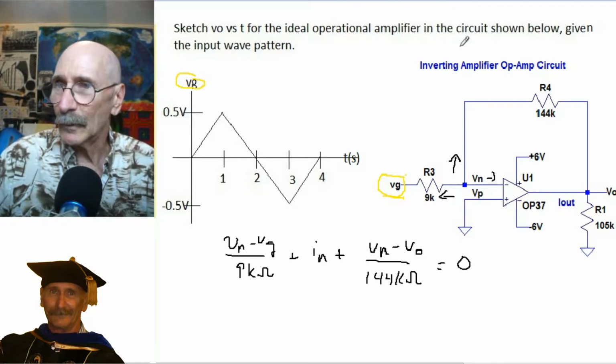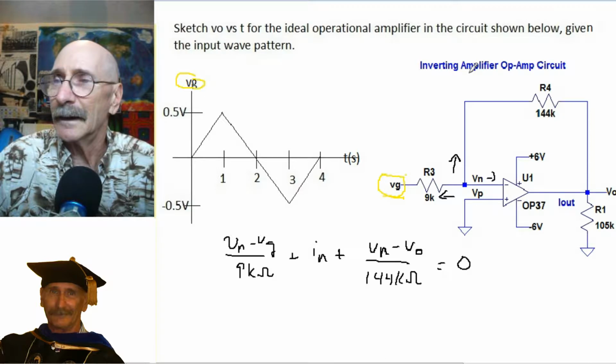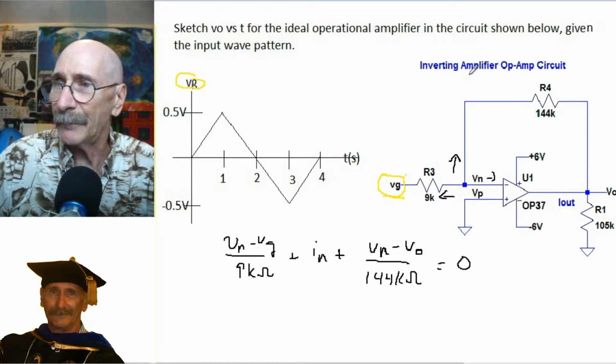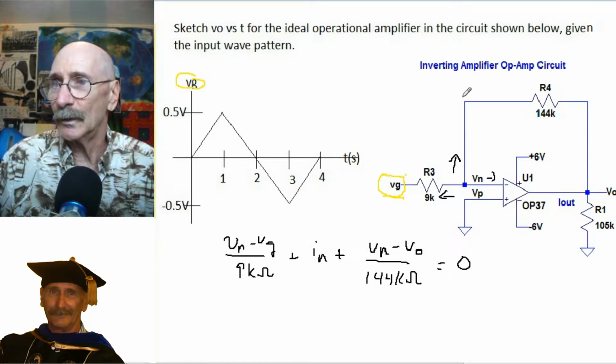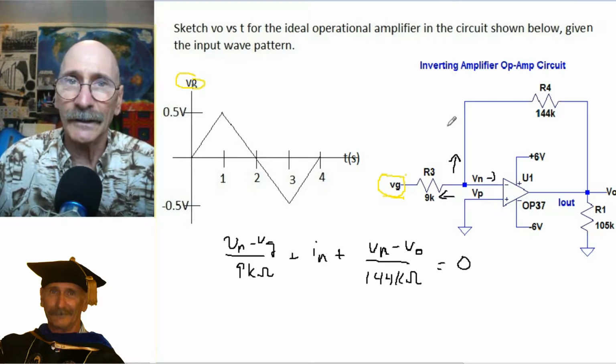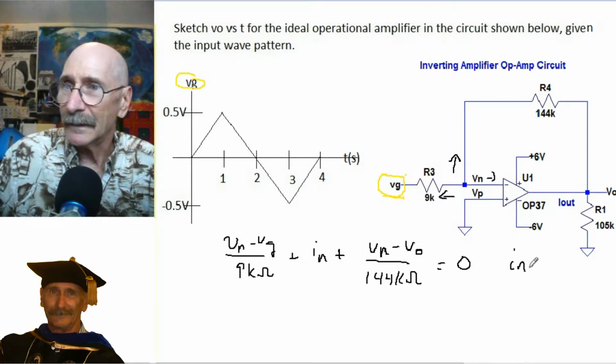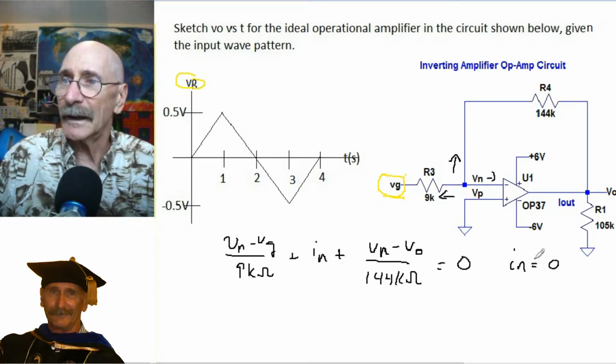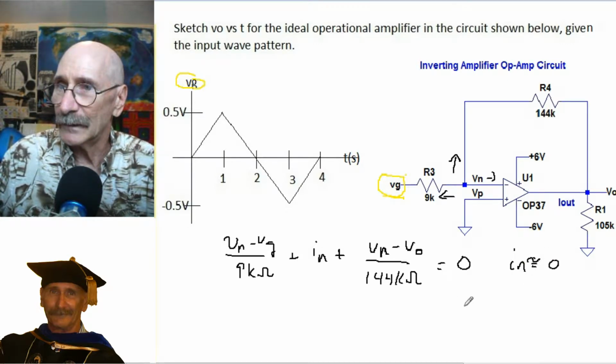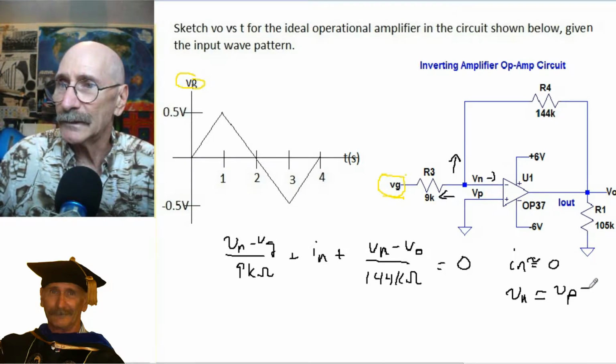What we have, of course, is an inverting amplifier configuration, so we're going to have some relationship between V out and Vg. That's what we want to get to. We know that in an ideal operational amplifier, In is approximately equal to 0, and Vn is approximately equal to Vp, which is equal to 0.